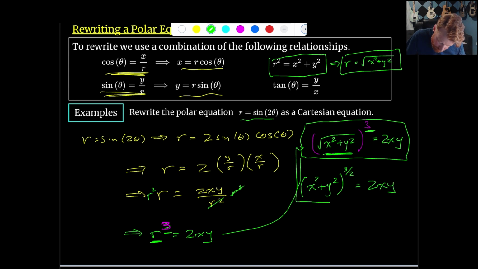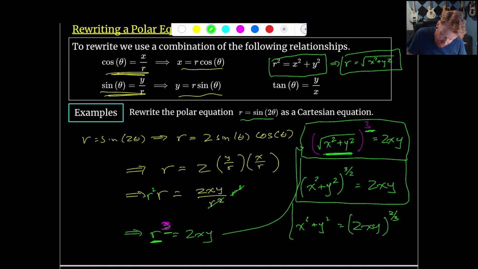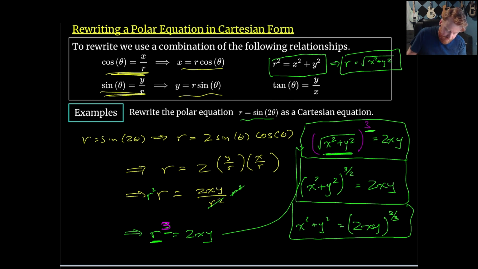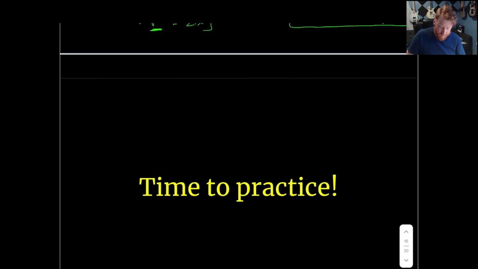Or you could raise both sides to the 2/3 power to get rid of it on the left, and we would get 2xy raised to the 2/3 power on the right. These all say the same thing, just different rearrangements of each other, each one equally valid. So here we have rewritten this polar equation as a Cartesian equation in a few different ways. If you put any of these into Desmos, you would see that they all give the exact same graph.